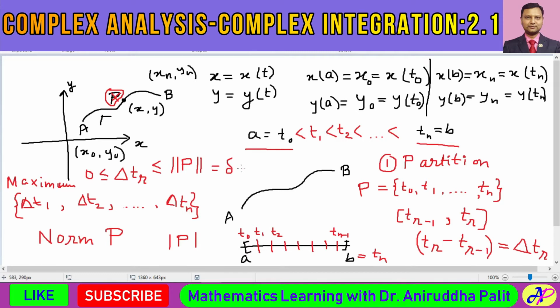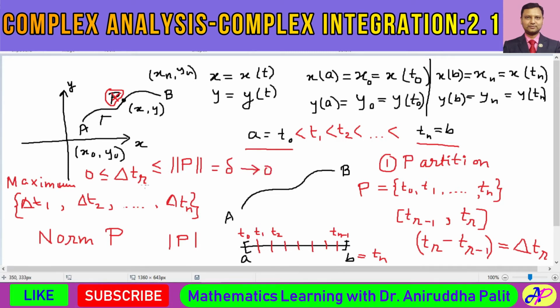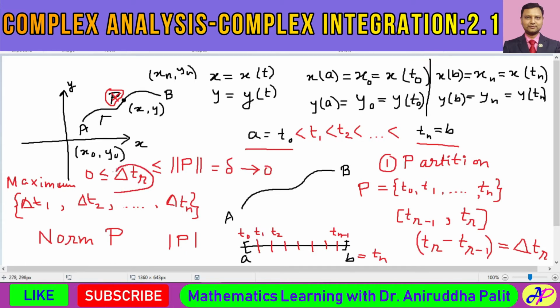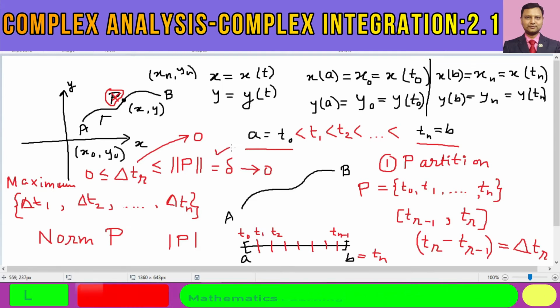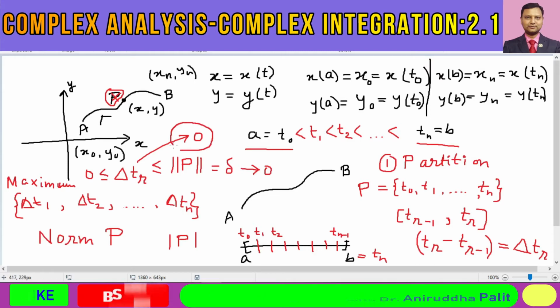Therefore, if the largest quantity is tending to 0, then each and every such delta tr would tend to 0.